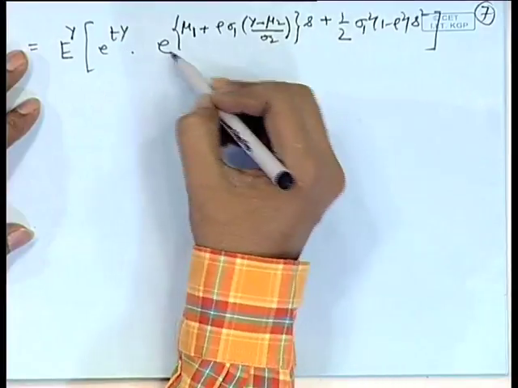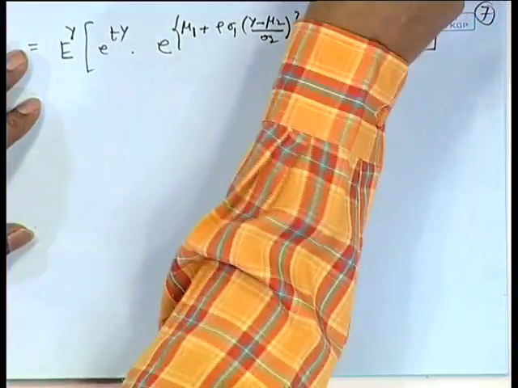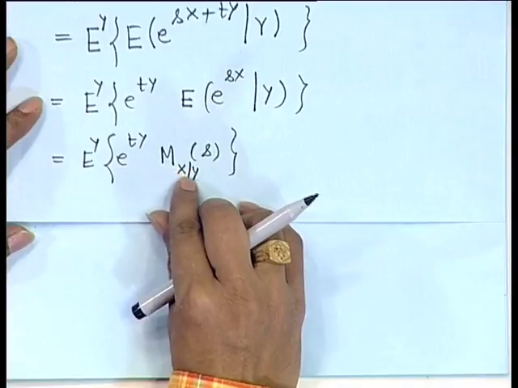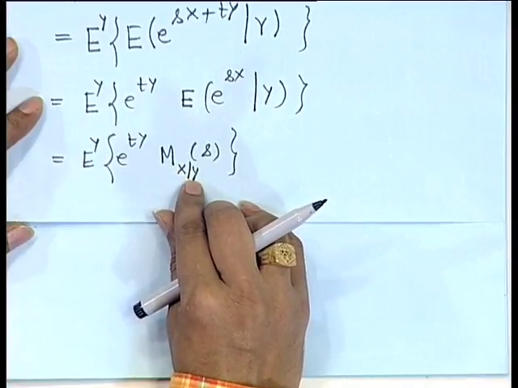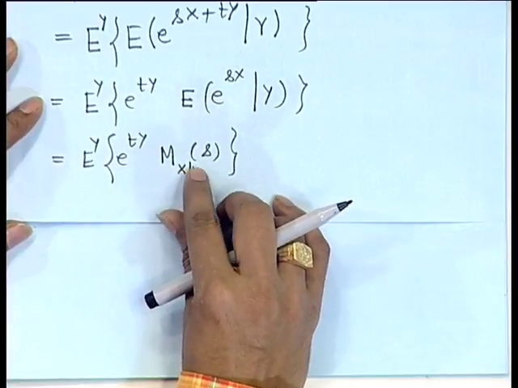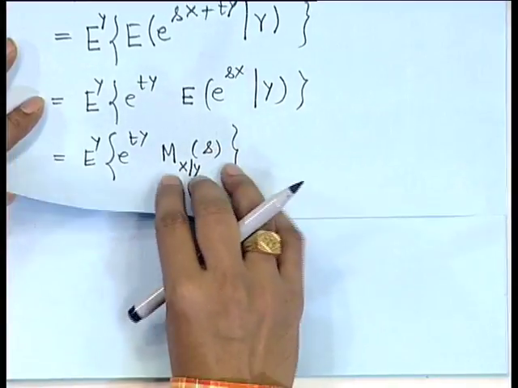So, this is the value coming after substituting the moment generating function of the conditional distribution of x given y, which is univariate normal, and therefore, the form is known to us.